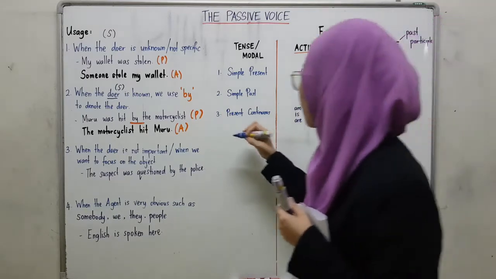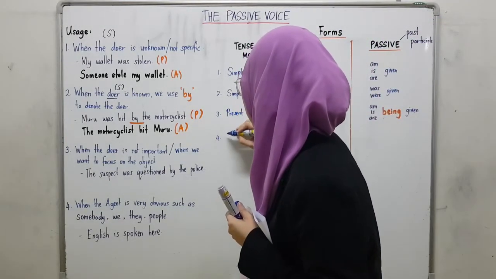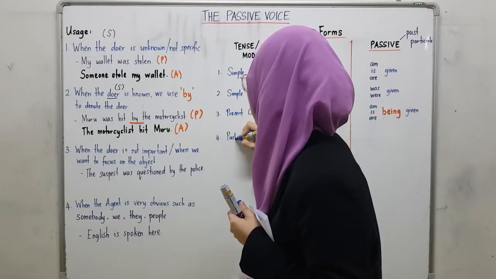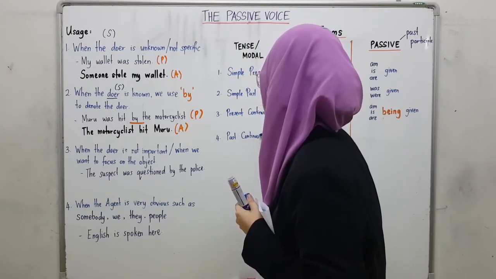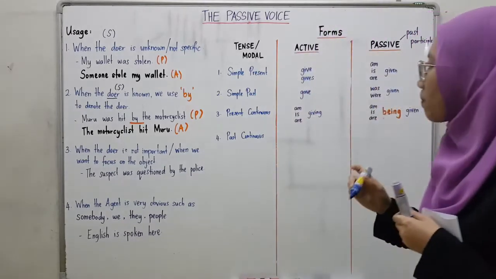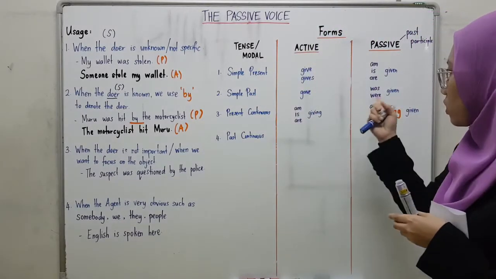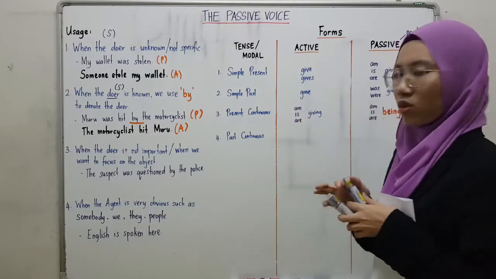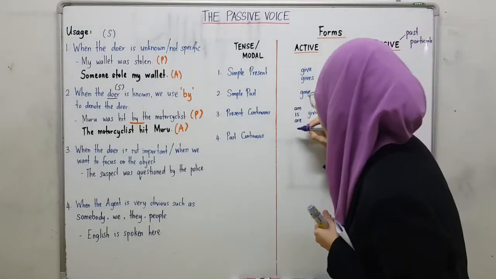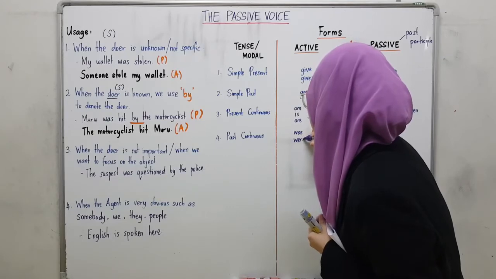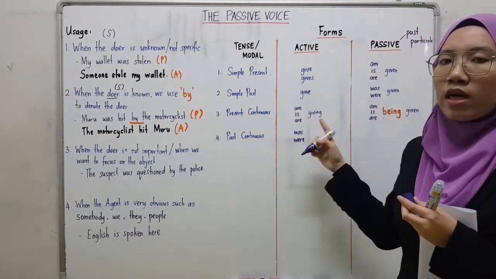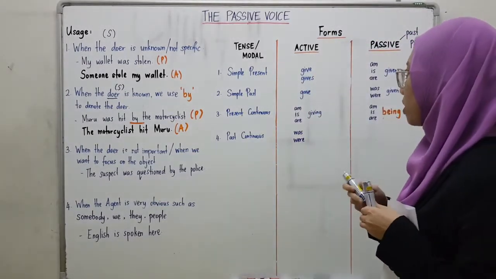Okay, next, past continuous. For past continuous, we use the past form of am, is, are, which is was or were. Similarly, using the ing verb: was or were giving.